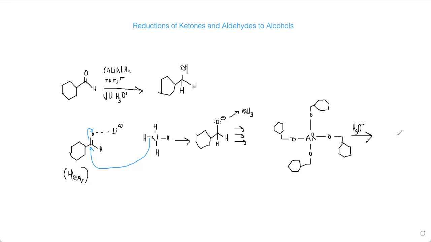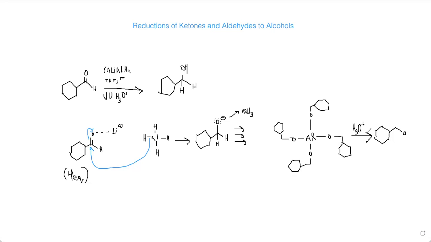And that results in the dissociation of each of those, I don't want to say individual compounds, but each of the remnants of the starting material that is associated with aluminum, those dissociate, and you still have that oxygen.